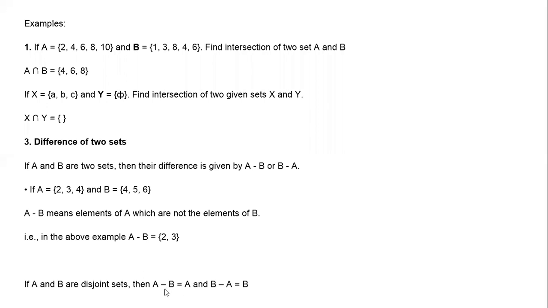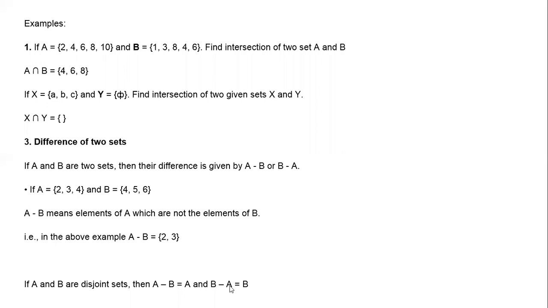Disjoint means no element of A is common to B. Whenever you are writing A minus B, you should not write the elements that are common to both sets. You should write only the elements of A which are not present in B. Since no element of A is present in B, A minus B is equal to A.